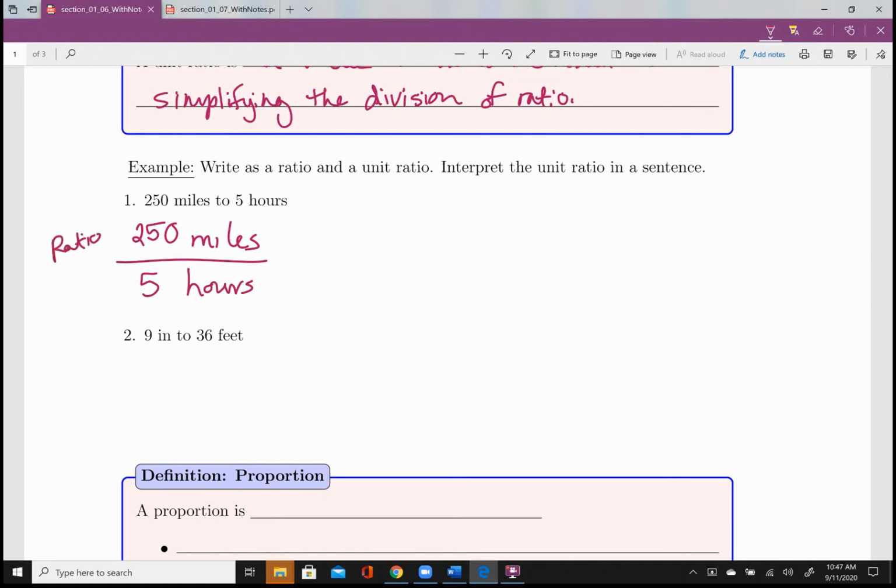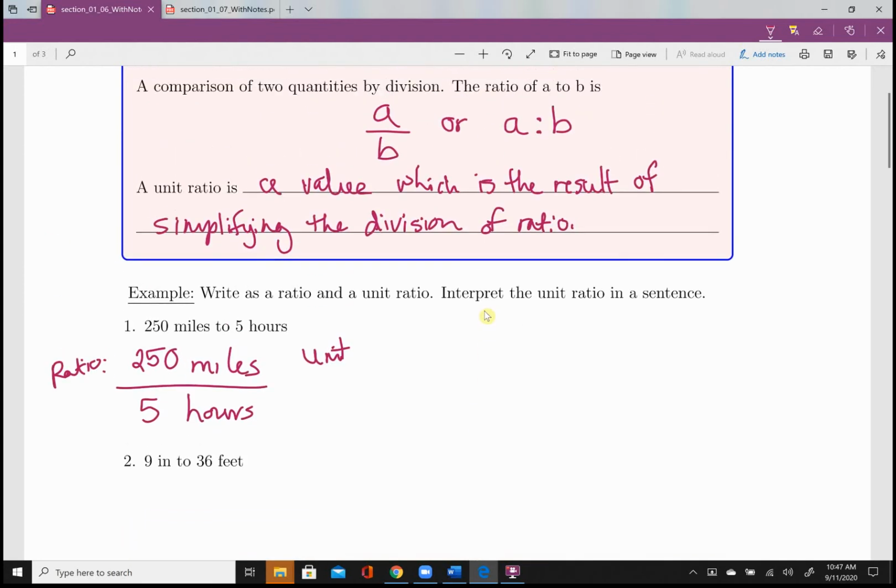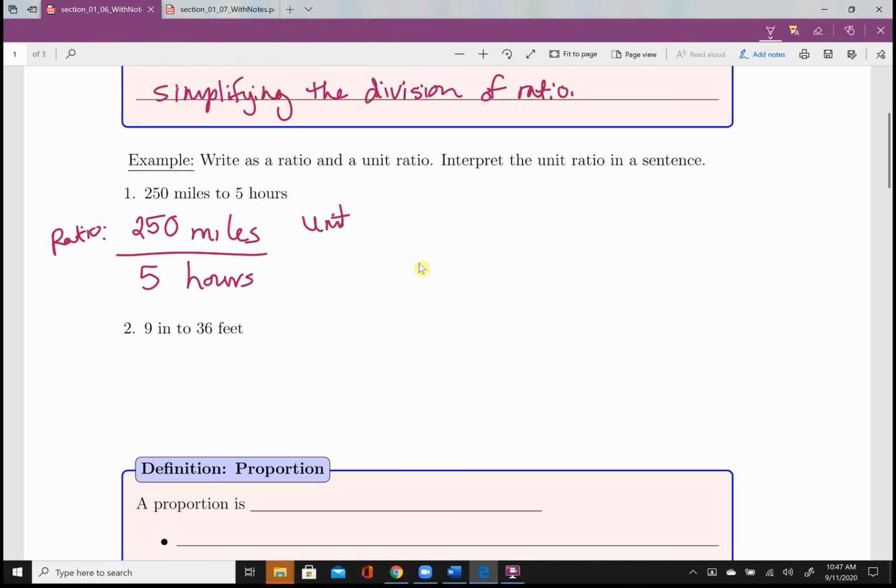Now if we want to put it into a unit ratio, we'll actually perform the division. And another thing you'll want to keep in mind that I don't have indicated clearly in this definition right here, is that the unit ratio will have the units in numerator units per denominator units. So for this particular first example, it'd be miles per hour, and we'll just perform the division.